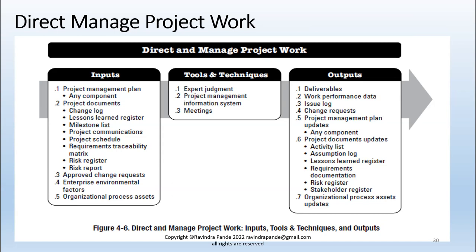So the activity list gets updated, the assumption log gets updated, and the lessons learned register gets updated. The requirement documentation also gets updated if anybody has posted additional change requests to us. And even the RTM, the requirement traceability matrix, gets updated for the relevant development date or release date for a given artifact.